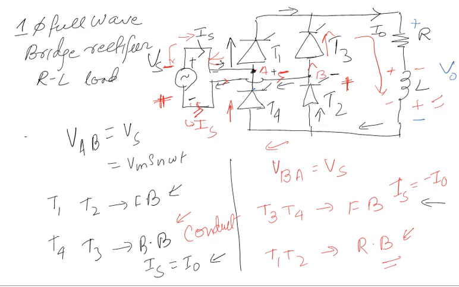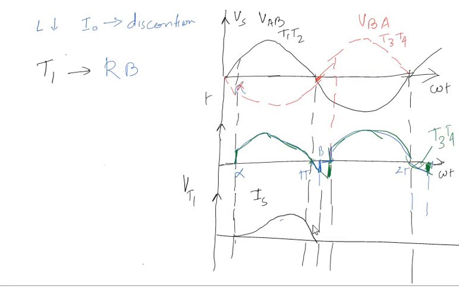So if you draw it, the load current is of this type, and for the negative half cycle the source current will be of this shape. The source current is negative I naught.